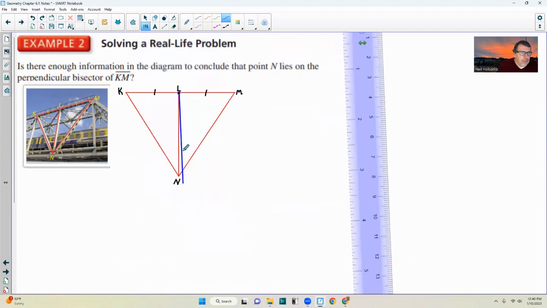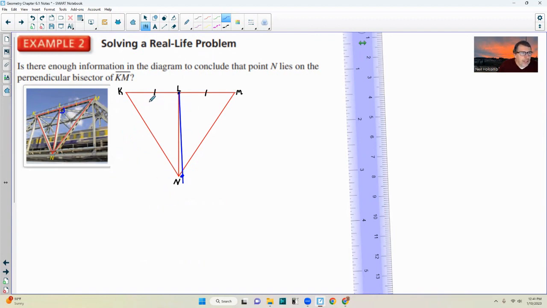So let's just say we thought this was perpendicular and that N was over here. If we don't know by a 90-degree angle marker that that's 90 degrees, we can't assume it is. So this angle right here could be 91 or it could be 89. If it's not perpendicular, then N would not be on the perpendicular bisector.